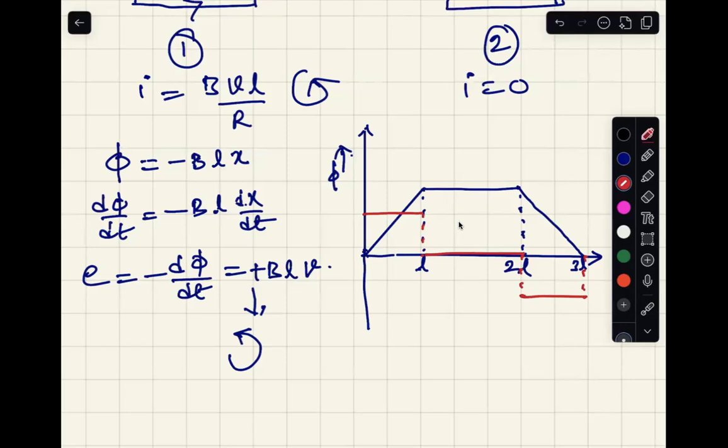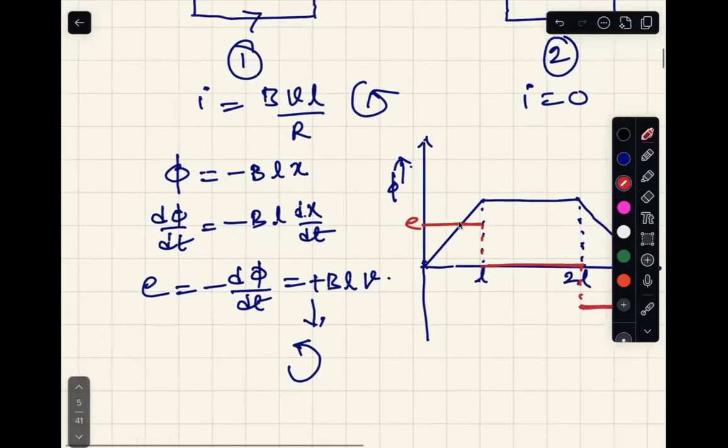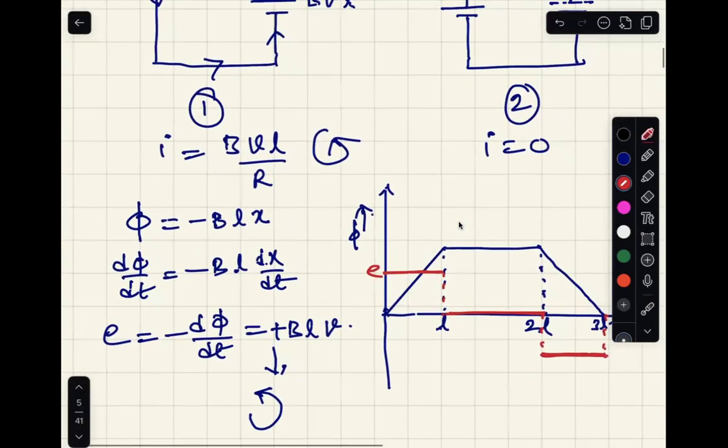Sure? Right. The red line represents EMF. Flux and EMF are both in the same graph. Any doubts?